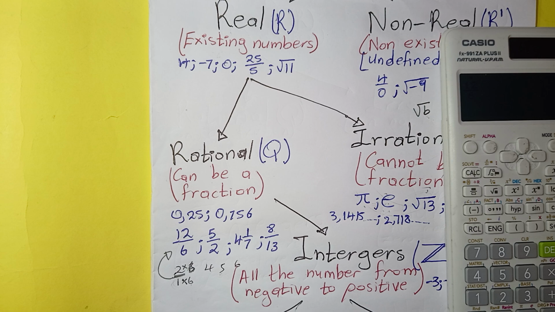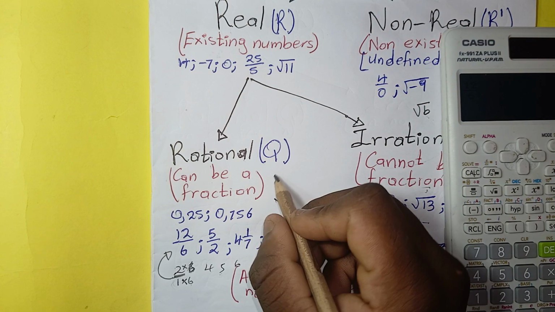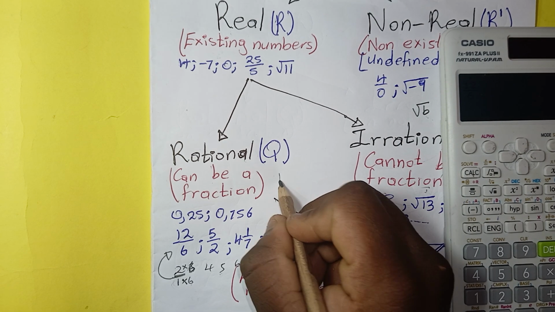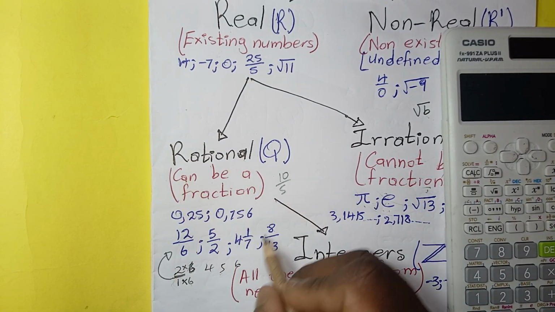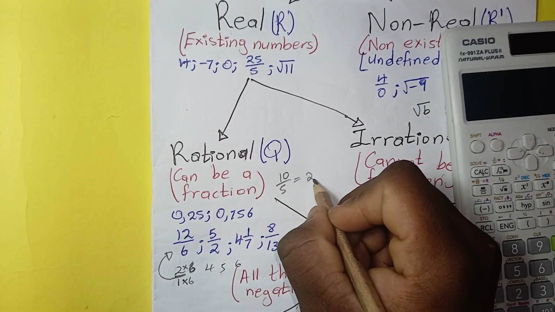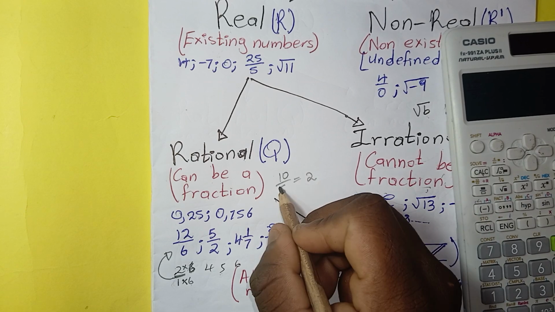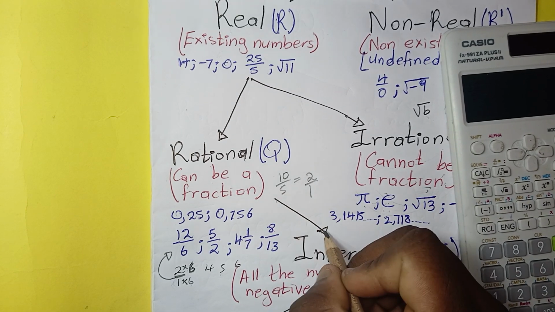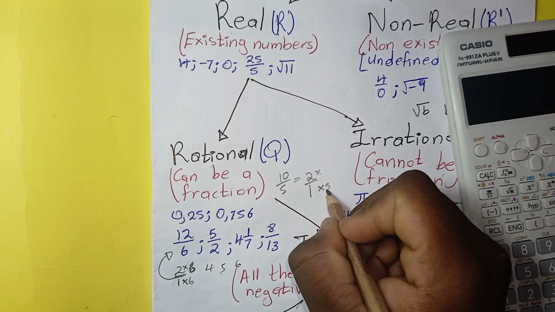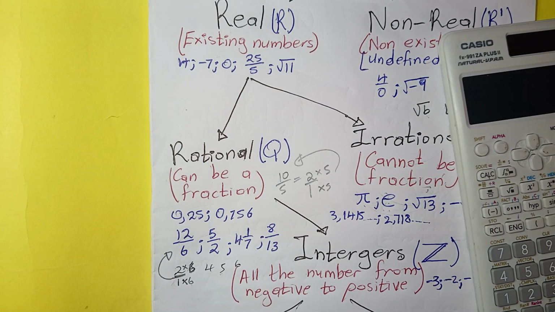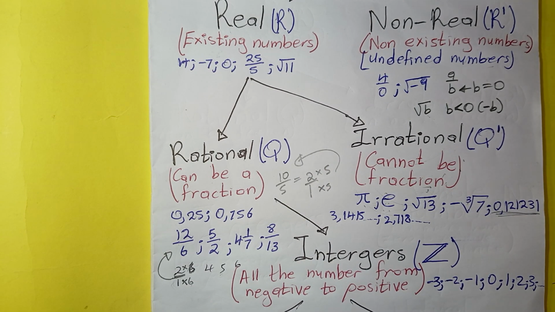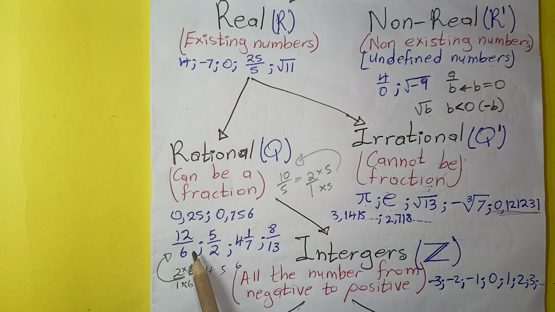Do you see? Yeah. Even these kind of values, let me say 10 over 5. This thing is rational, but the answer here will be 2. To change that 2 to become like this, you put invisible 1 and multiply by 5. Then this thing gives you this answer. Yeah. So rational, guys, are values that you can change to be a fraction, as you can see here.